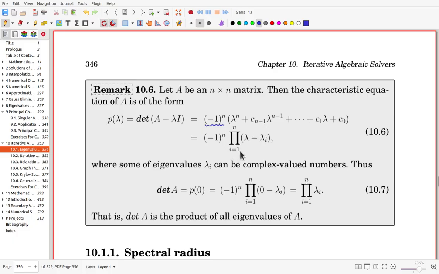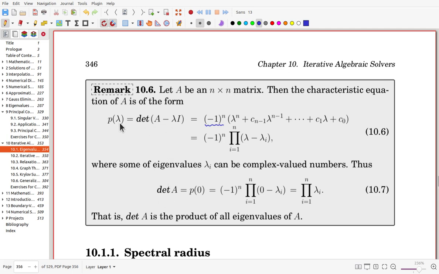So we have that product, by allowing complex values for the eigenvalues. Now if we try to get the determinant of A, that is the same as P(0).